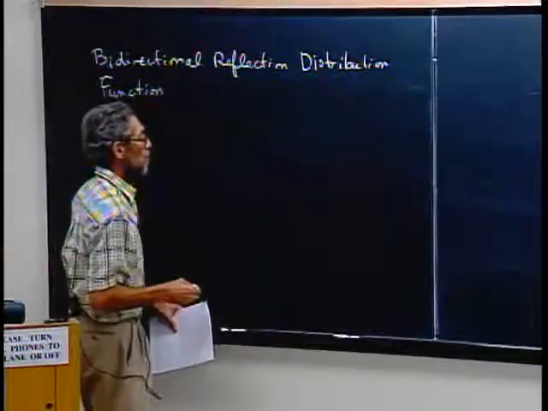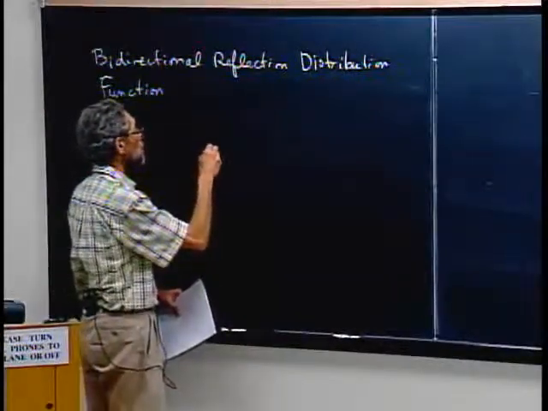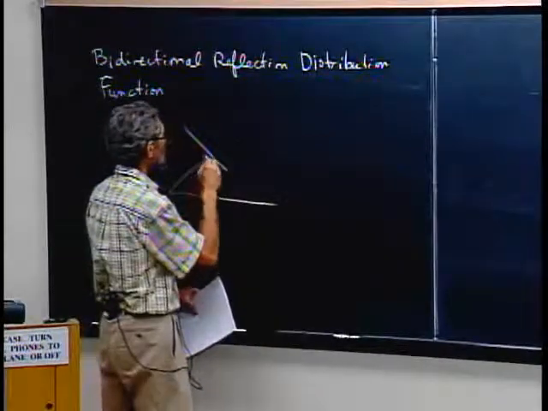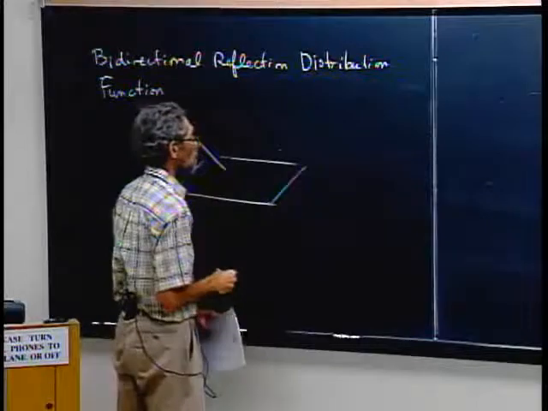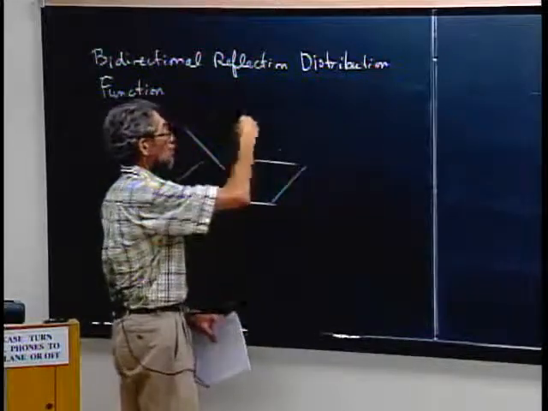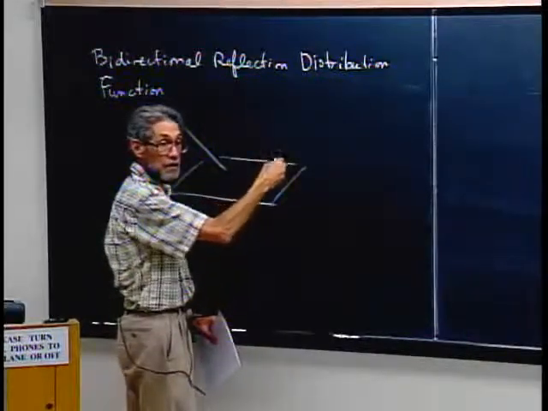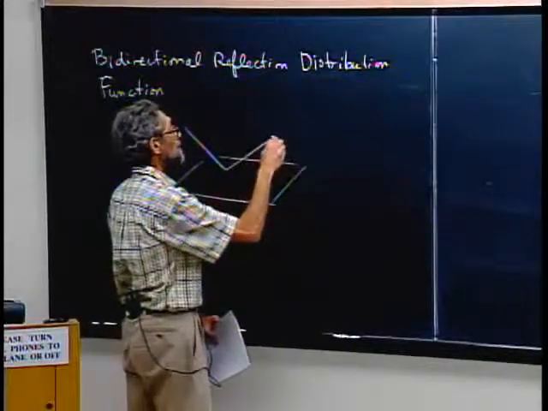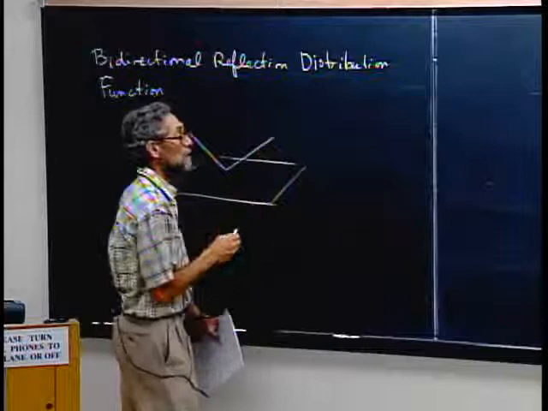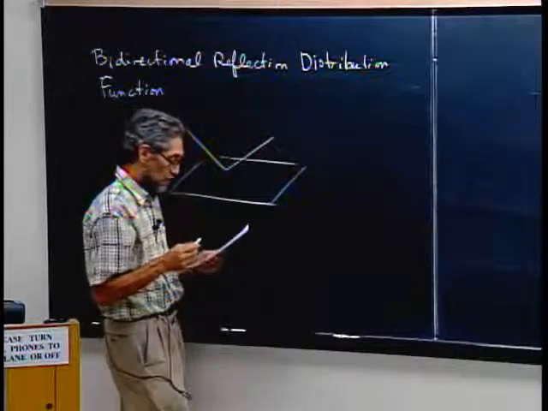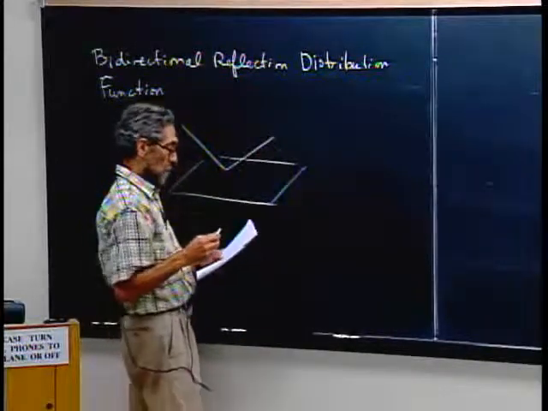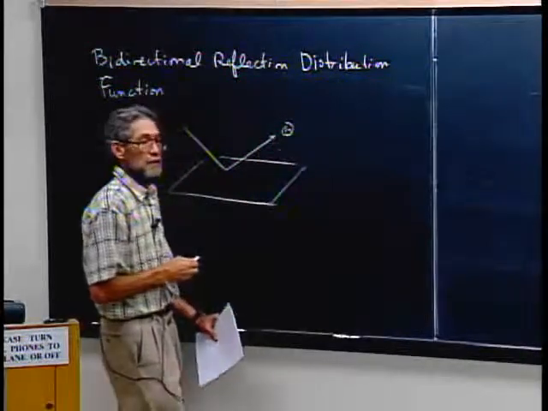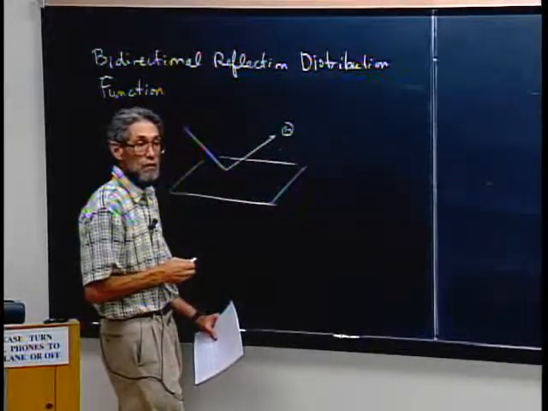So the reason it's called a distribution function is if light comes in and hits a surface, unless that surface is a perfect mirror, the light will come off in all directions, or a lot of directions anyway, and the amount of light that comes out in exactly any specific direction, say phi, theta, is zero.